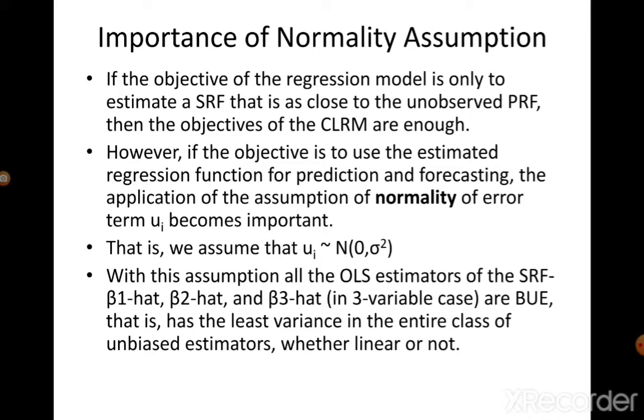But if our objective is not just to estimate but also use this model for further prediction or forecasting, another important assumption should come into play. That assumption is the normality of the error term ui, or normality of the disturbance term ui.